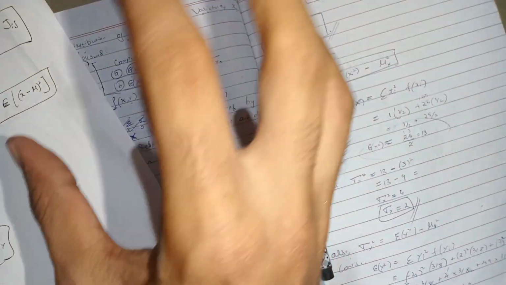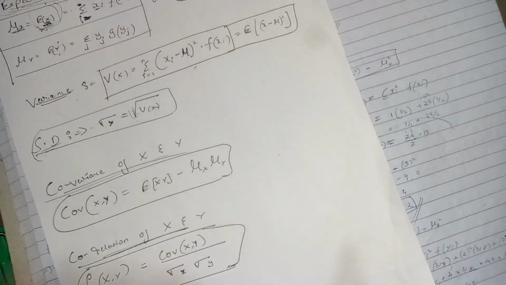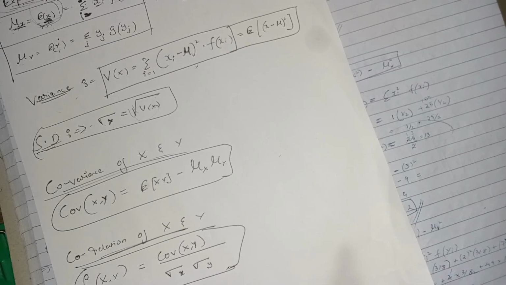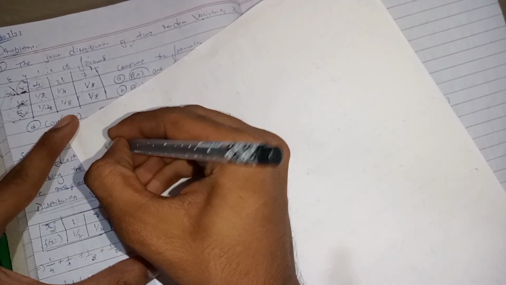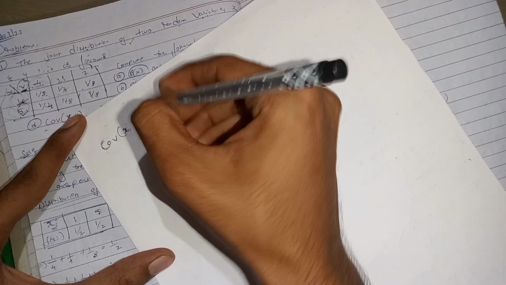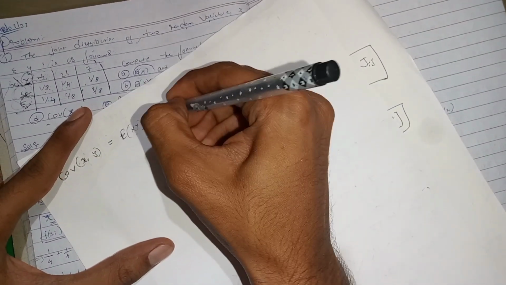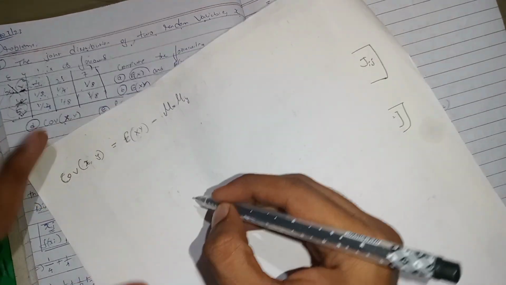We need to just take those values and substitute them in this formula in order to find the covariance of X comma Y. First we'll write our basic formula: covariance COV of X comma Y is E of XY minus mu X into mu Y. In the previous videos we had solved those values, and we have them already.